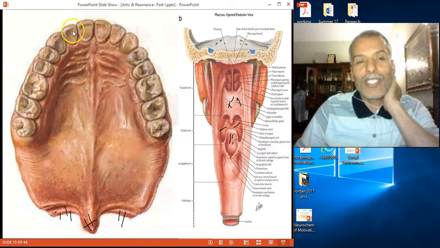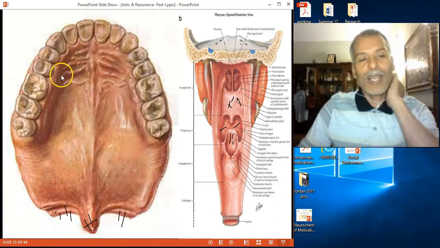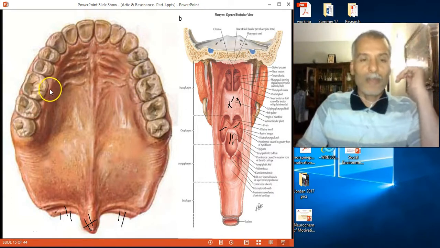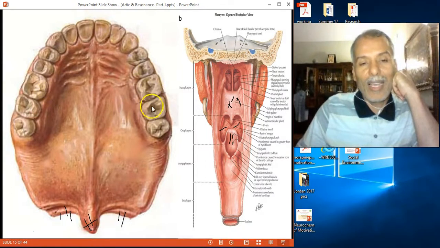But the ones that bite off the food and cut it are the incisors. The other ones, see how flat they are, are all grinders. But we'll get to that, because you are going to have to know the names of the teeth, and you are going to be able to label each one.